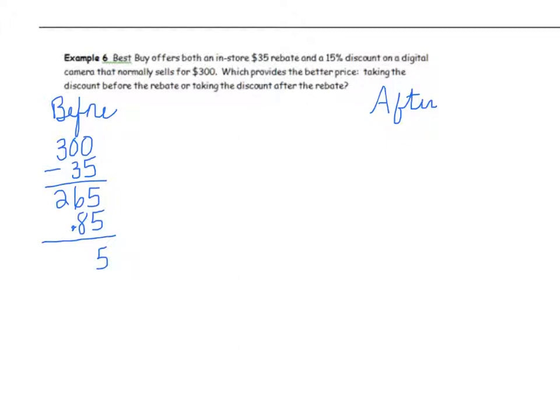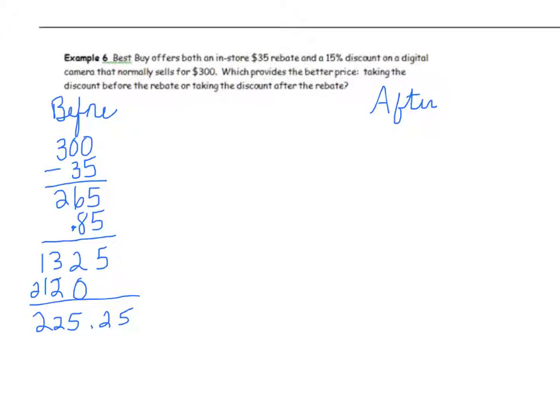So hopefully I can do this. 265 times 0.85 is going to be 225.25. So the final cost of the digital camera will be $225.25 if I take the rebate before.